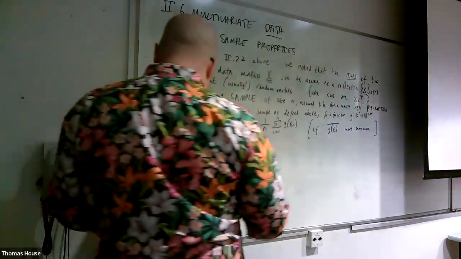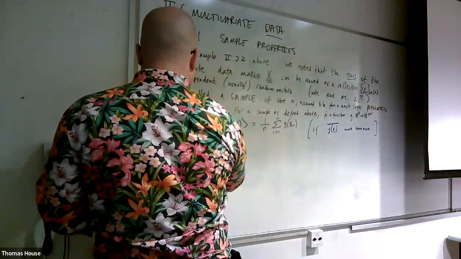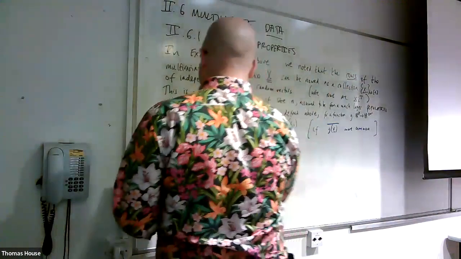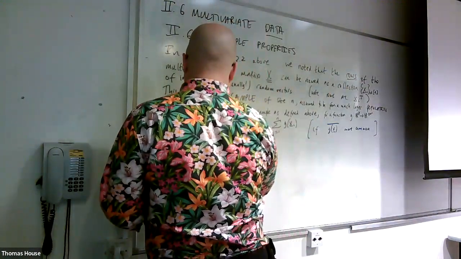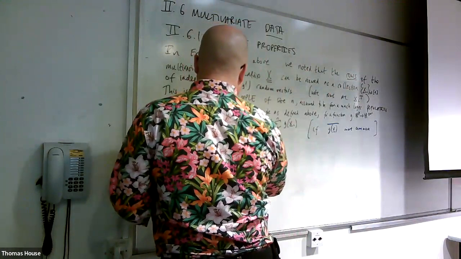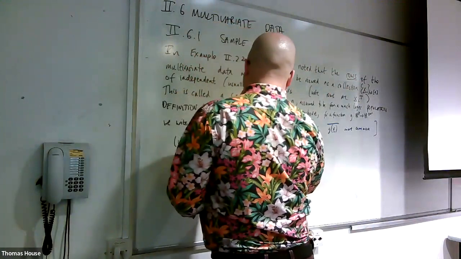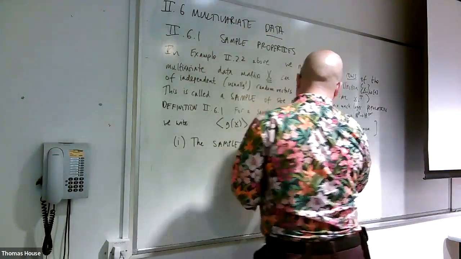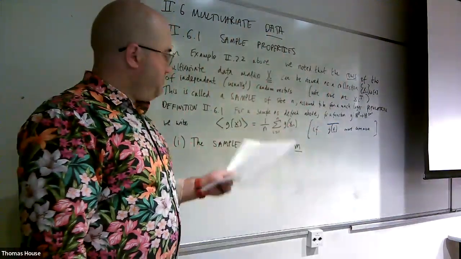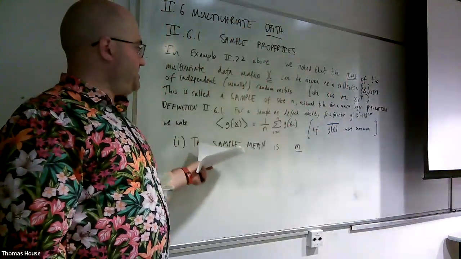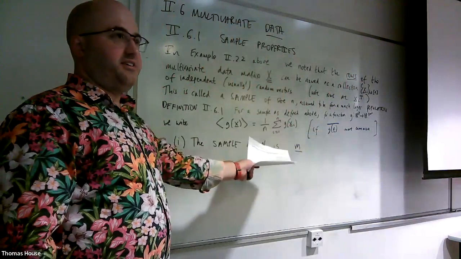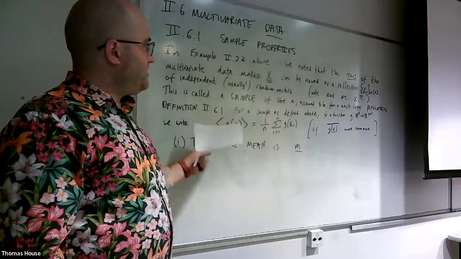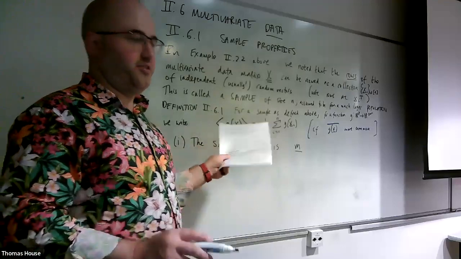Of those properties, the important ones are unsurprisingly going to be the mean and variance, or the multivariate generalization of variance. So the sample mean, I'm going to tend to write this as x-bar_n. The sample properties are going to be Latin, and the population properties are going to be Greek, not all the time.